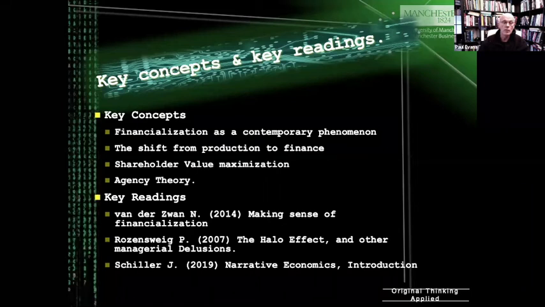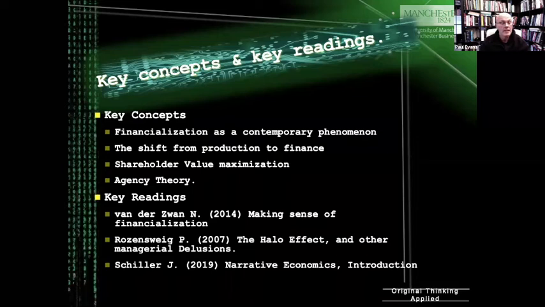We also talked about shareholder value maximization, that firms and banks that are governed by shareholders want returns on their investments, so that large firms are competing in a stock market for shareholder value.